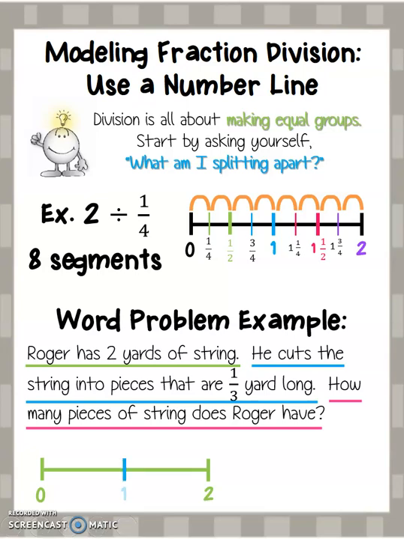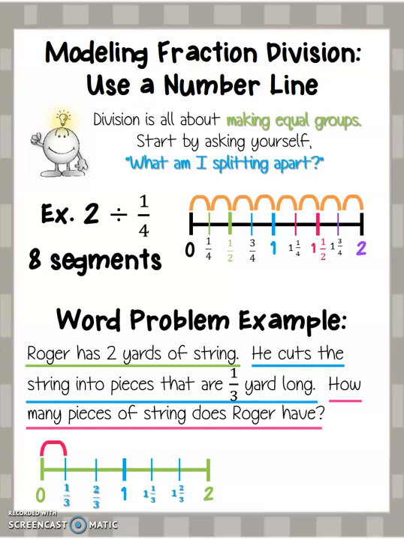So again, I'll put in my whole number 1 first, and then I can put in my 1/3 and my 2/3 segments, and then 1 and 1/3 and 1 and 2/3. Finally, I need to count how many small sections that number line shows, because that represents the number of pieces of string that Roger has.